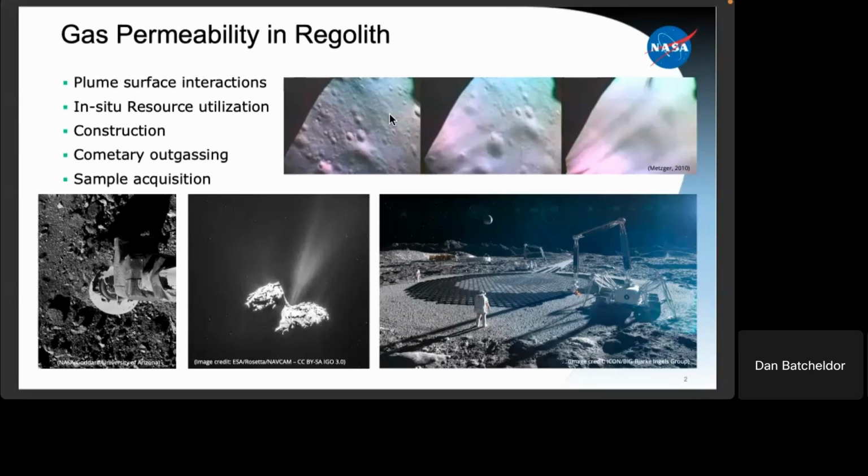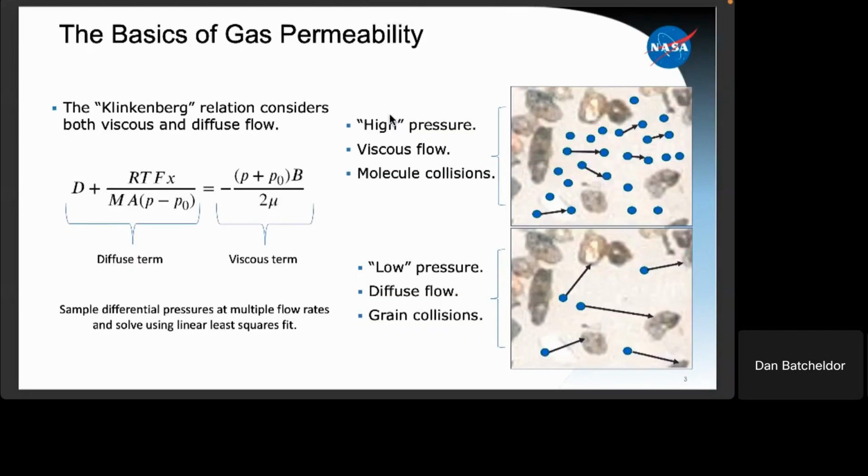And also in terms of gathering samples remotely from the surfaces of comets, and also for the potential physics of cometary outgassing. So gas permeability has more relevance outside of plume-surface interactions, but in terms of its relevance for today, we'll be moving on to talk quickly on the next slide about the basic physics of permeability.